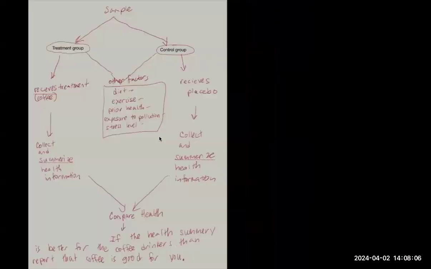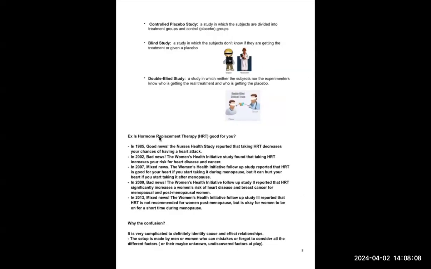All right, and then a controlled placebo study is a study in which the subjects are divided into treatment and control groups. I kind of already said that, but placebo groups. A blind study is a study in which the subjects themselves, the people the experiment is being performed on, don't know if they're receiving the treatment or placebo.